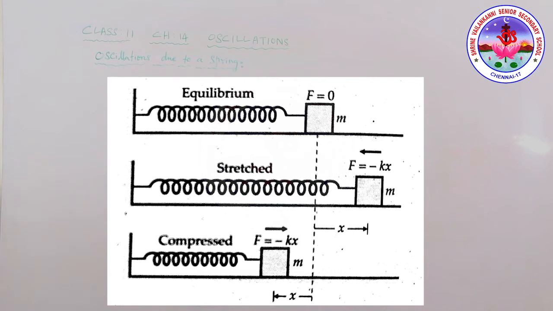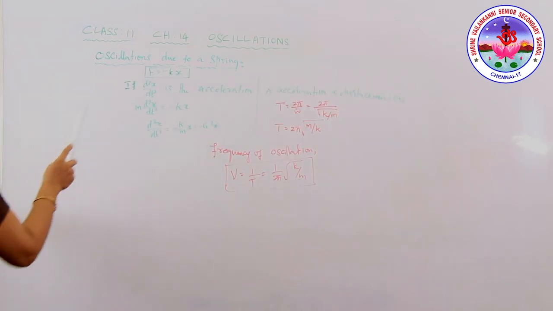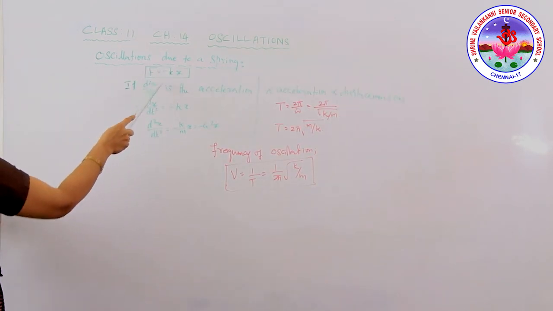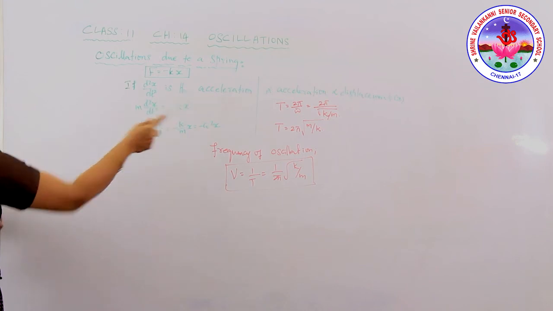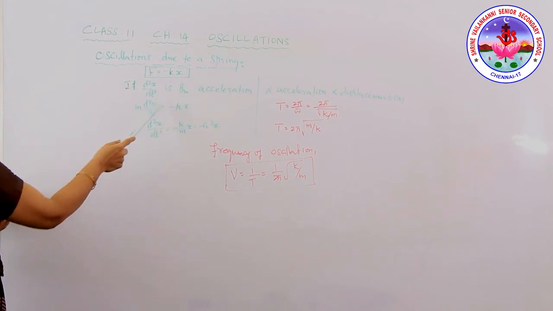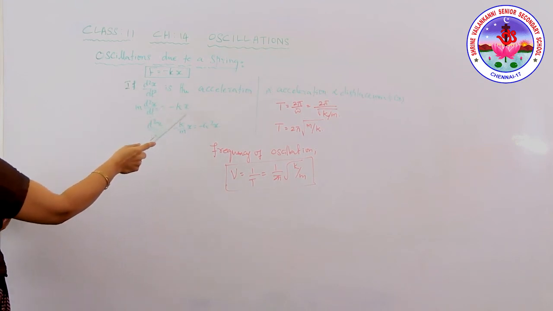Then we can say F equals minus Kx, where K is the force constant of the spring. Here the negative sign indicates the force is directed opposite to x. Now if d squared x by dt squared is the acceleration, then m d squared x by dt squared equals minus kx.